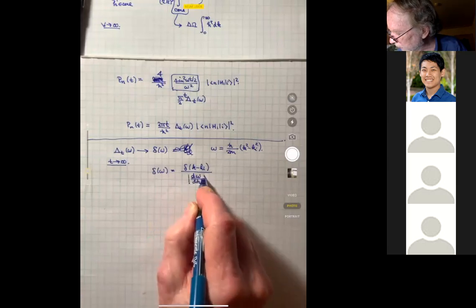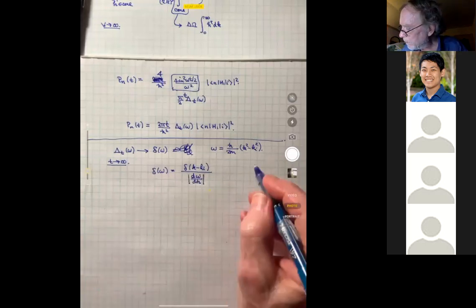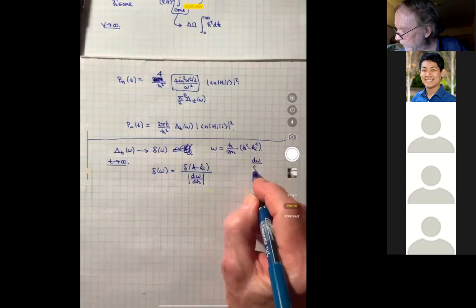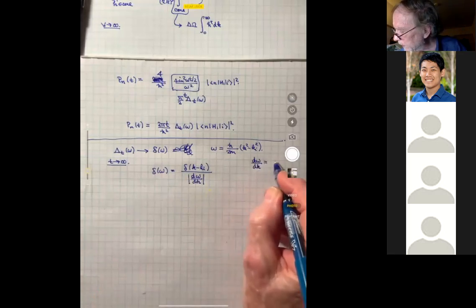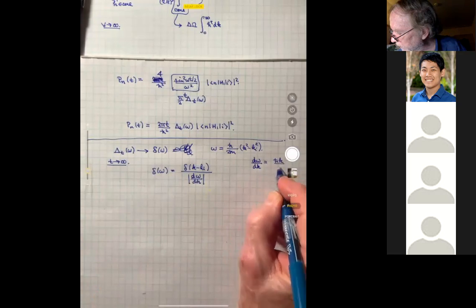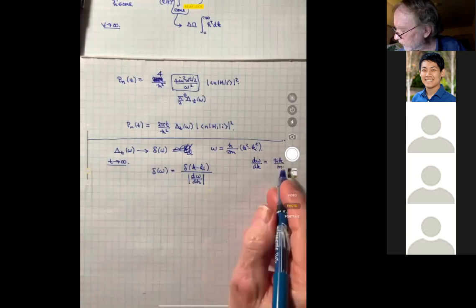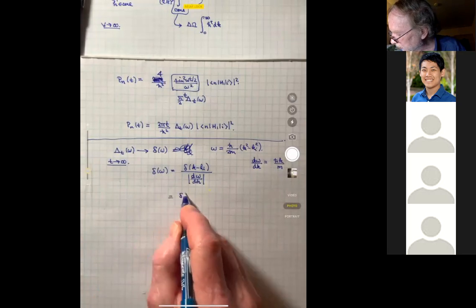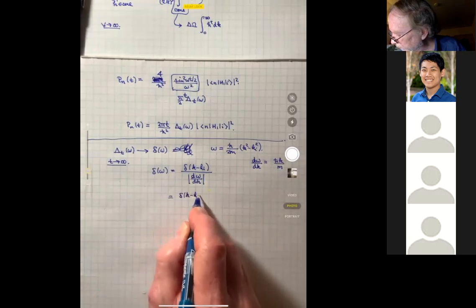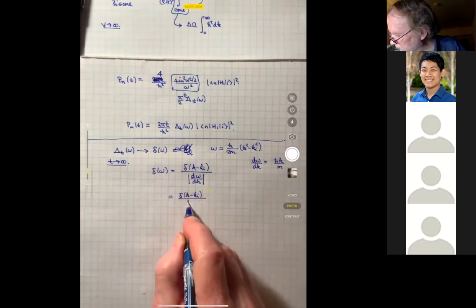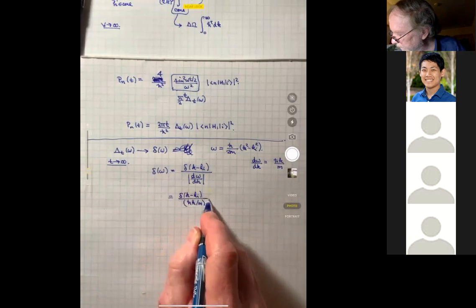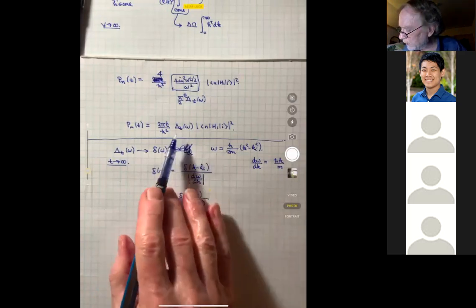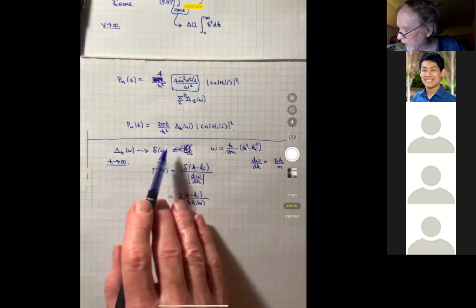Really should put an absolute value on that. But d omega dk, we just calculate it, and we get h bar k over m, like so. In fact, you can see that's a velocity. So this becomes delta of k minus k initial divided by h bar k over m in the denominator. So that takes care of the capital delta of t in the limit where t goes to infinity.